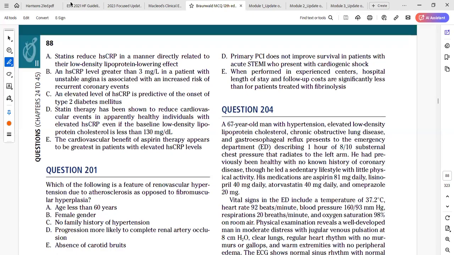Yes. Then D, primary PCI does not improve survival in patients with acute STEMI who present with cardiogenic shock. Then E, when performed in experienced centers, hospital length of stay and follow-up costs are significantly less than for patients treated with fibrinolysis.